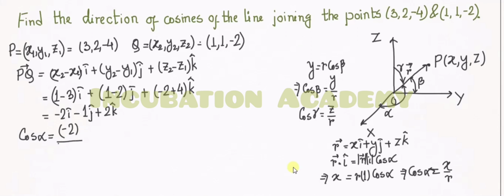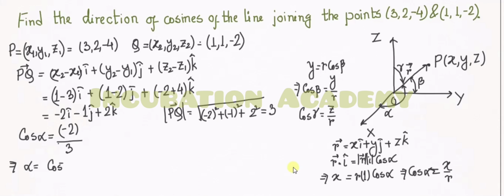Let us find the magnitude of the PQ vector: (-2) squared plus (-1) squared plus 2 squared. 2 squared is 4, 1 plus 4 plus 4 is 9, that is 3 units. So cos alpha is -2 by 3. So alpha is cos inverse of -2 divided by 3.